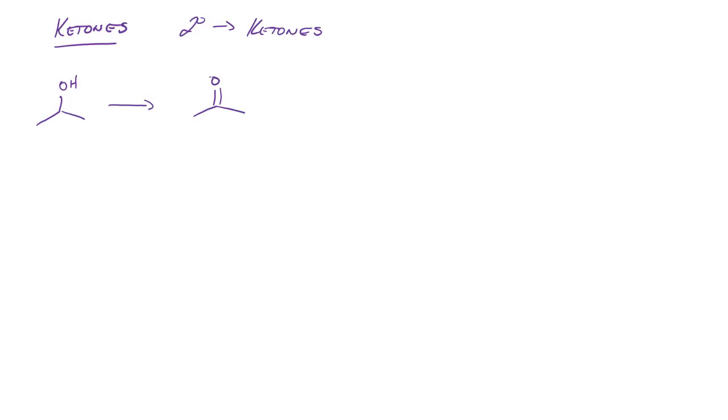If I zoom in on this a little bit, let's turn that hydrogen red, and that hydrogen red here, that understood hydrogen, you'll notice that I have to remove those two hydrogens along the way. So another way of looking at how I can deal with oxidations is by how many hydrogens I can remove. We are not going to be dealing with carbon-carbon bond cleavage, so we're not going to cut any carbon-carbon bonds in this part of the chapter.